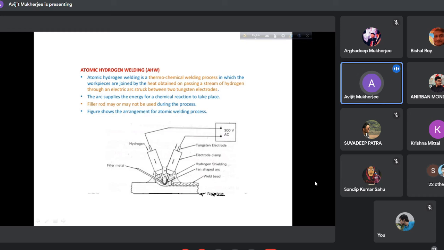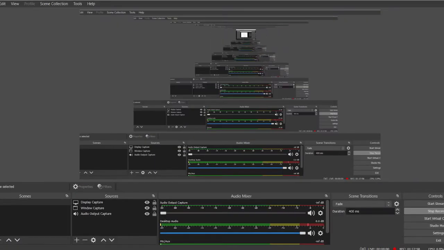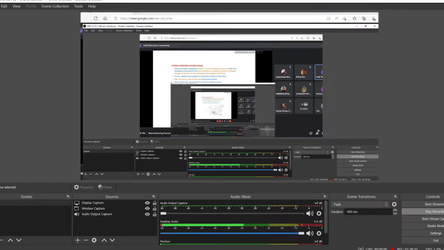So here you just observe there are two tungsten electrodes. This is the workpiece, which is not connected with any polarity. The terminals are from the AC transformer set, where 300 volt is the rating. So two terminals are connected with the two tungsten electrodes, mind that, not with the work. And here hydrogen is passed.